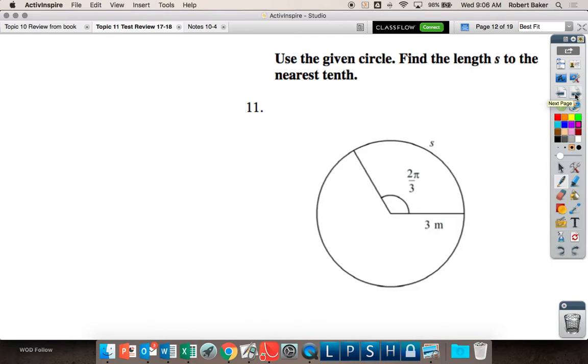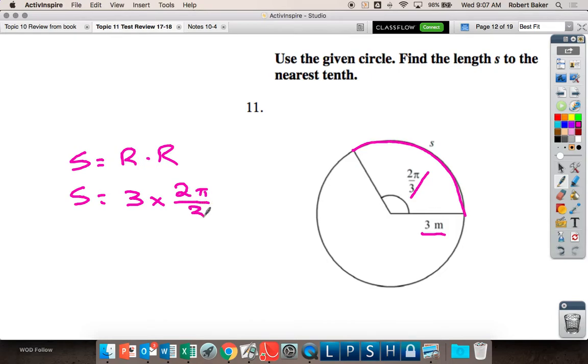Find the length of S. This one's a little different. This is radians in a radius, and we're trying to find the length of this line. That one day we did S equals radians times radius. Find your answers to the nearest tenth. So S is equal to 3 times 2 pi over 3.